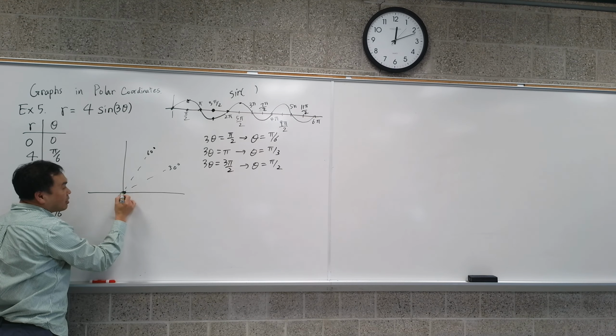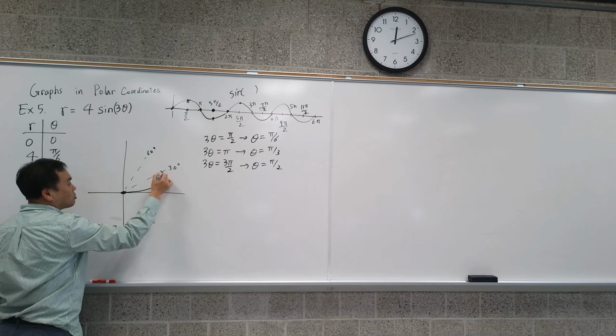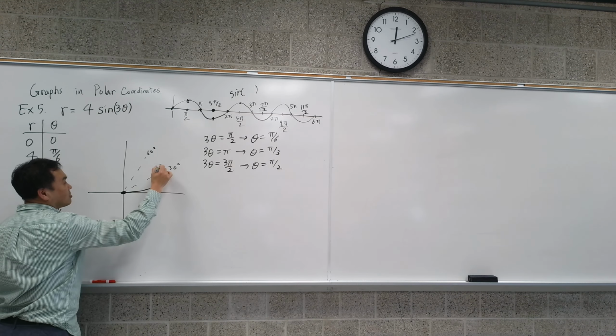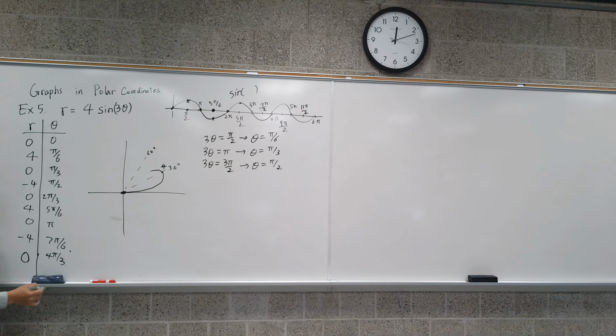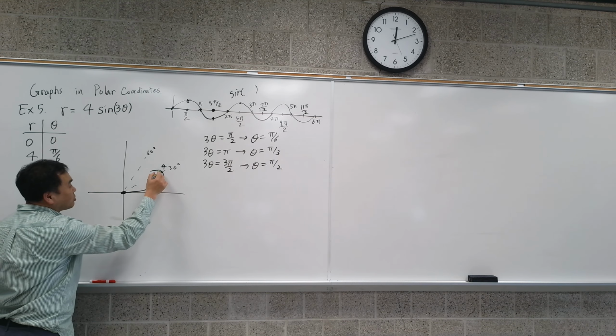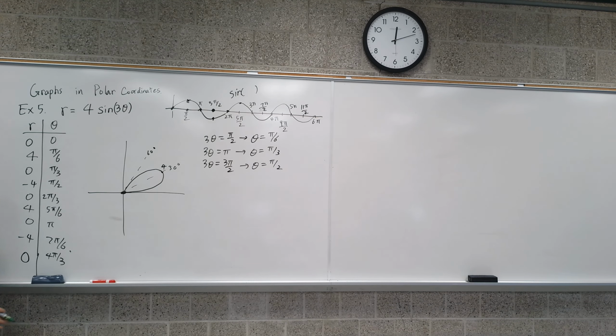So the r value increases until you're at 30 degrees, which gives you the distance of 4 from the origin, and then it turns back. Okay? And then it's at pi over 3. Pi over 3 is 60 degrees, right? Pi is 180. 180 divided by 3 is 60. So it will turn back, hit like that. Hit 0 like that. Right?